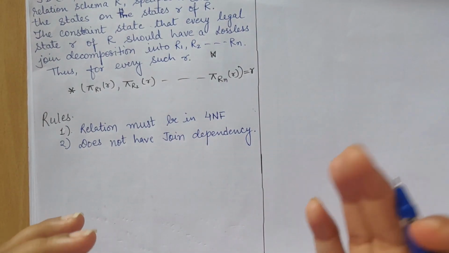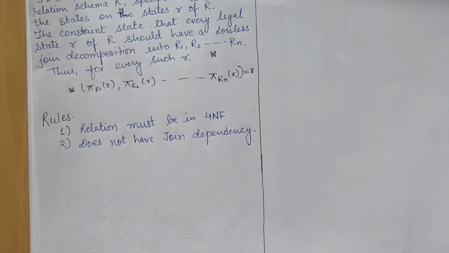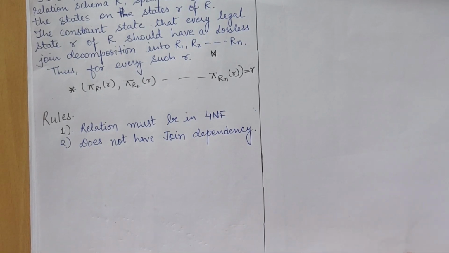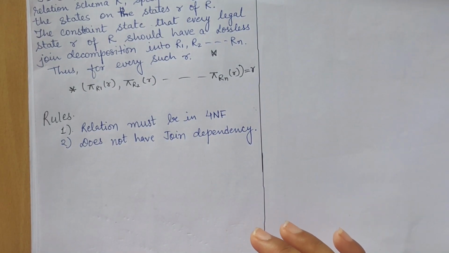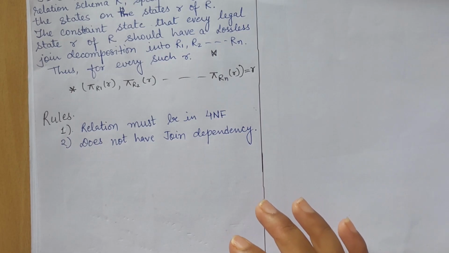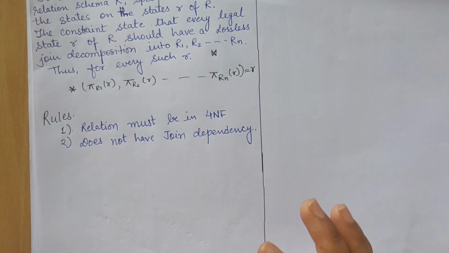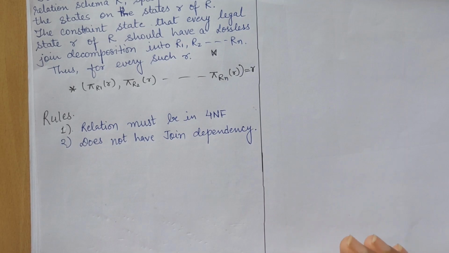So we already understood what a joint dependency is, and due to joint dependency, what's the problem? We are still getting the redundant tuple. Thus, in 5NF, we are dealing with joint dependency, and if such dependency exists, we try to remove it using decomposition in 5th NF.